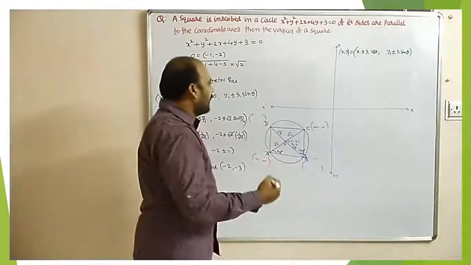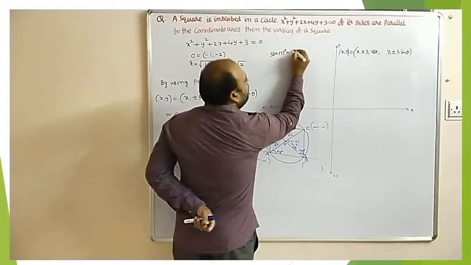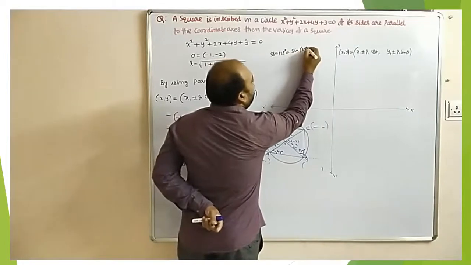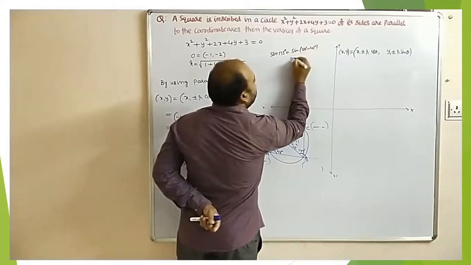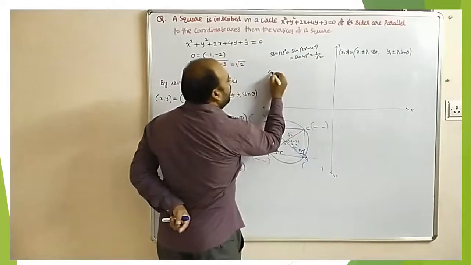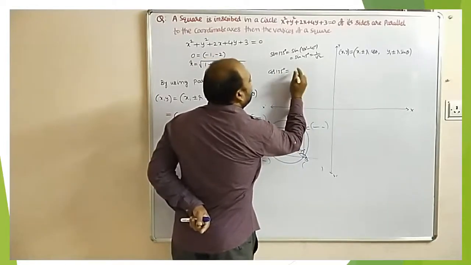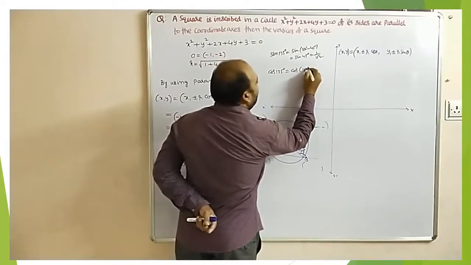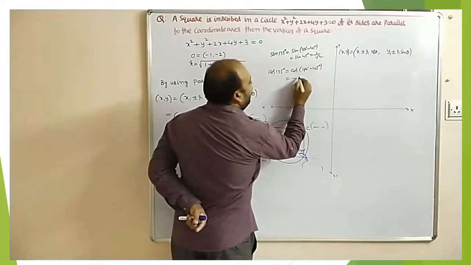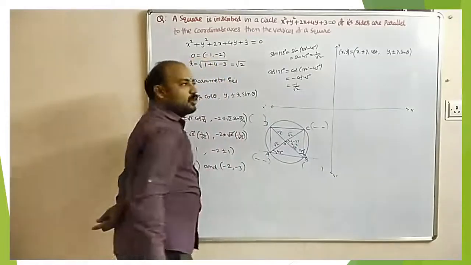So sine 135 equal to sine of 180 minus 45, which is equal to sine 45, which is equal to 1 by root 2. Cos 135 equal to cos of 180 minus 45, which is equal to minus cos 45, which is equal to minus 1 by root 2.